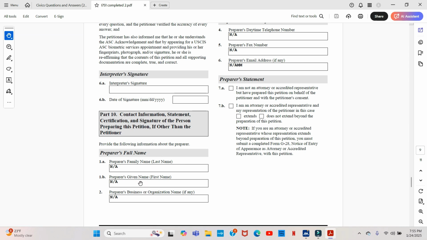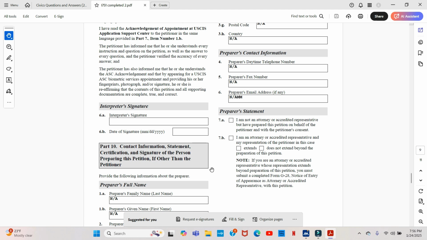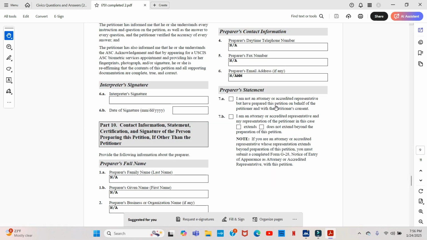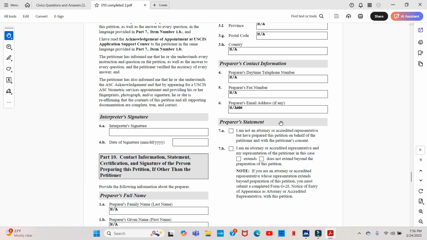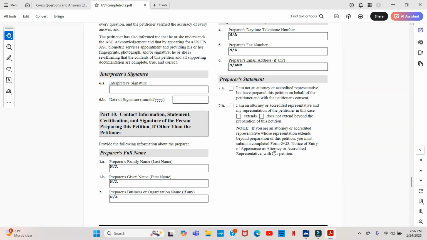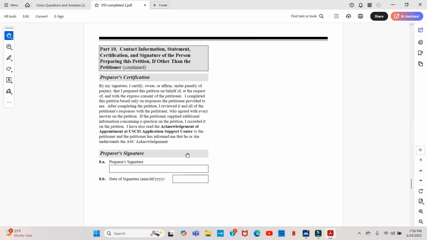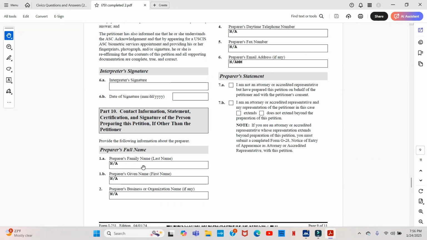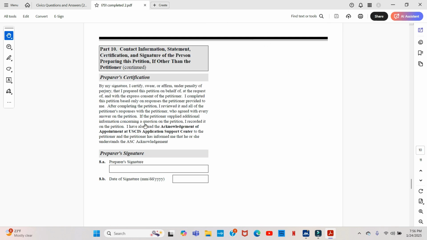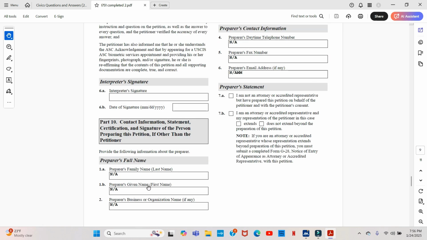Same goes for the section of the preparer. If a preparer was used, we're going to fill in the name, contact information, and all the information that's applicable to the preparer. Since one was not used in this instance, you can go through and either write with a black ink pen or type any in the spaces.